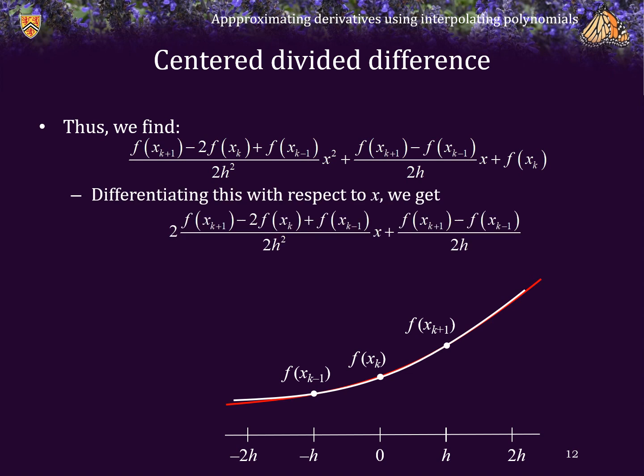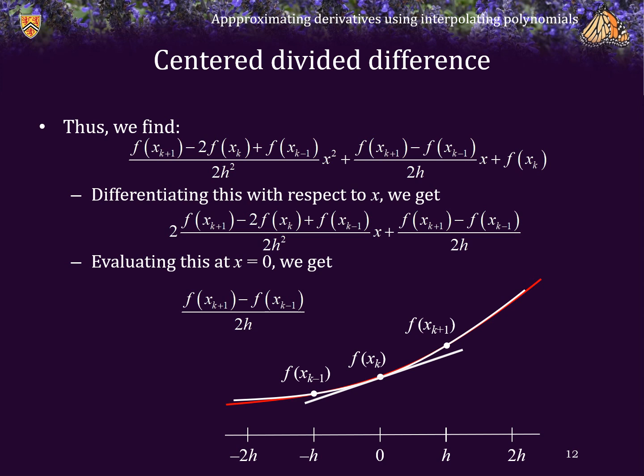Now, we can differentiate this expression with respect to x to get this expression here. And what we can now do is evaluate that derivative at x equals 0. Well, that gives us the constant term, which gives us the slope we see here.